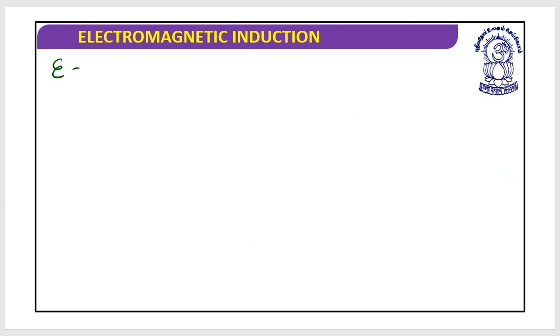So this emf E could be written as minus mu naught I a square divided by 2 pi into d by dt of r to the power minus 1, which is minus 1 into r to the power minus 2, multiplied by dr by dt.